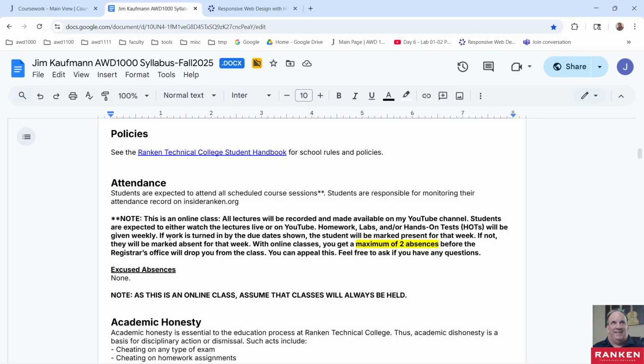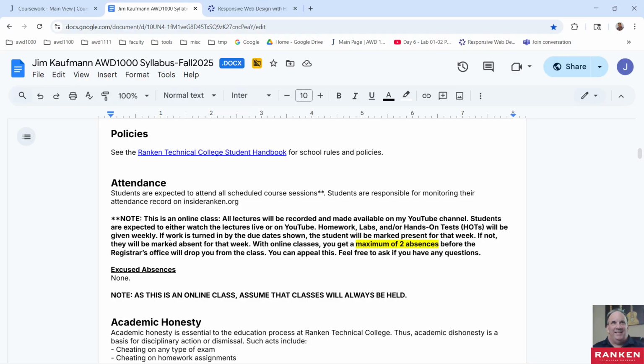You will receive an early alert after your second absence. We use early alert messages for different things: for grades, if you're struggling, or also for attendance. So just keep that in mind.